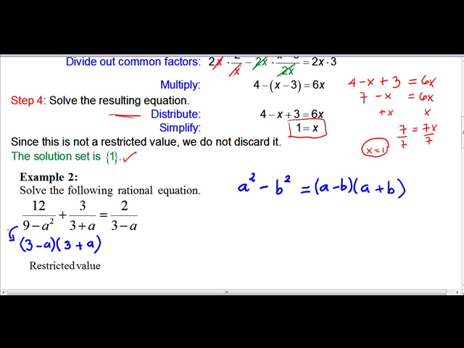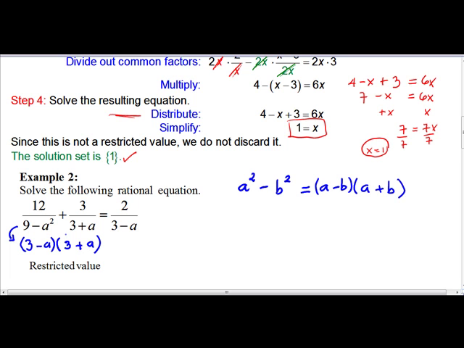So you see that the restricted value should be 3, because if a equals 3, then 3 minus 3 is 0. The restricted value can also be minus 3, because 3 plus minus 3 is 0.